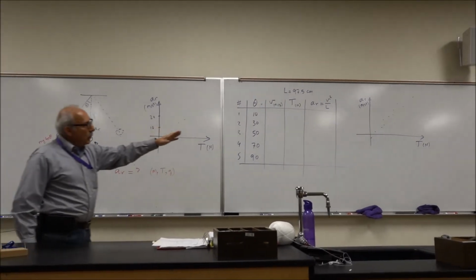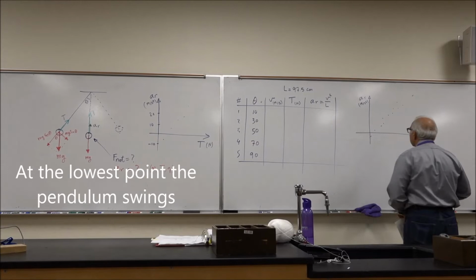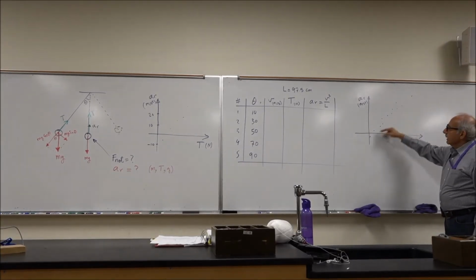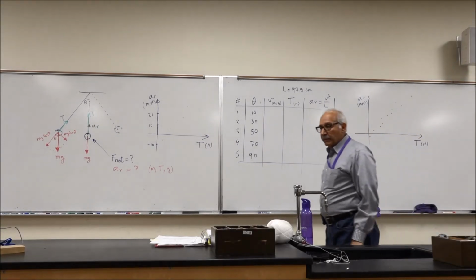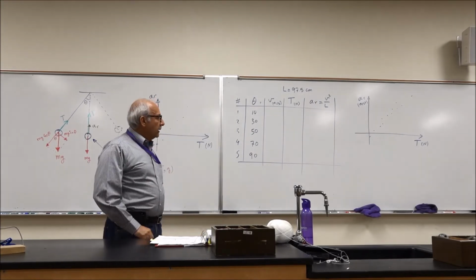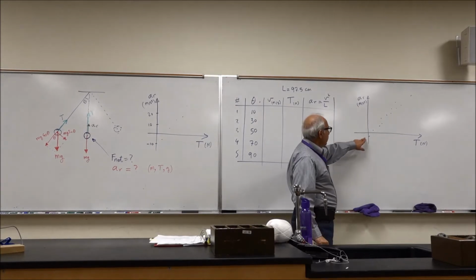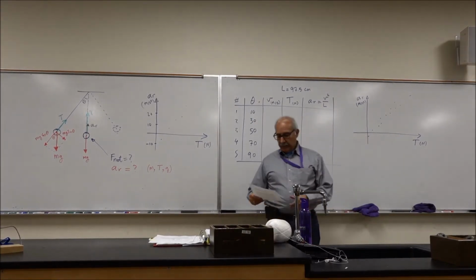And find out what behavior is that plot, and then fit a line or whatever that you think is an appropriate fit to find out what would be the point when the tension is 0.